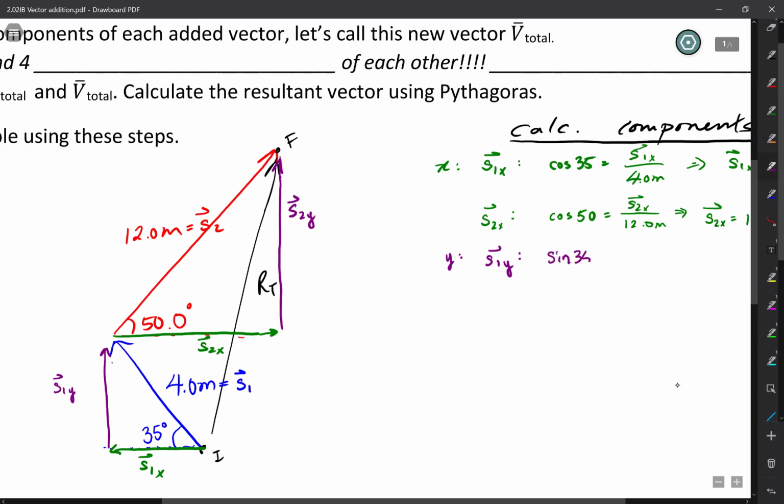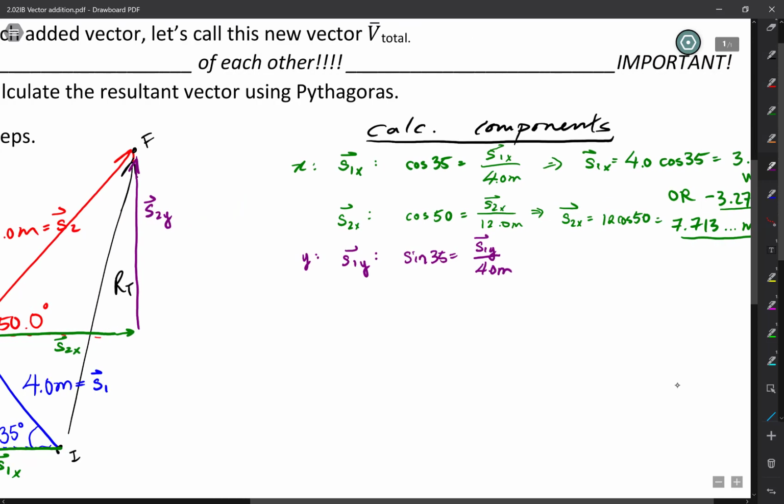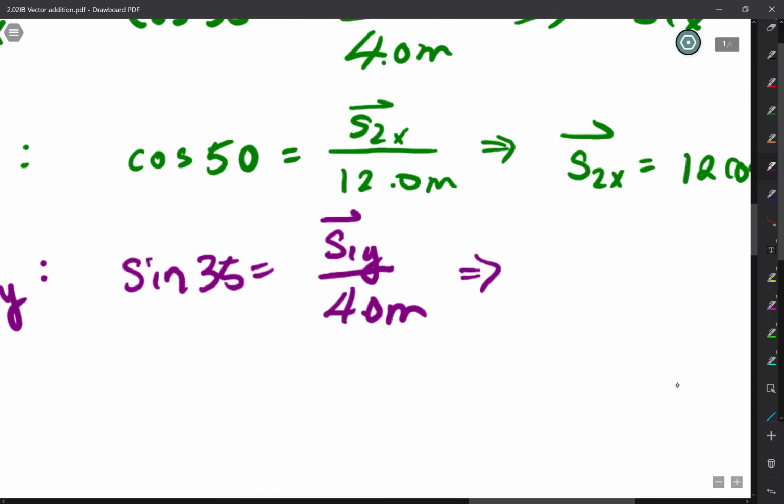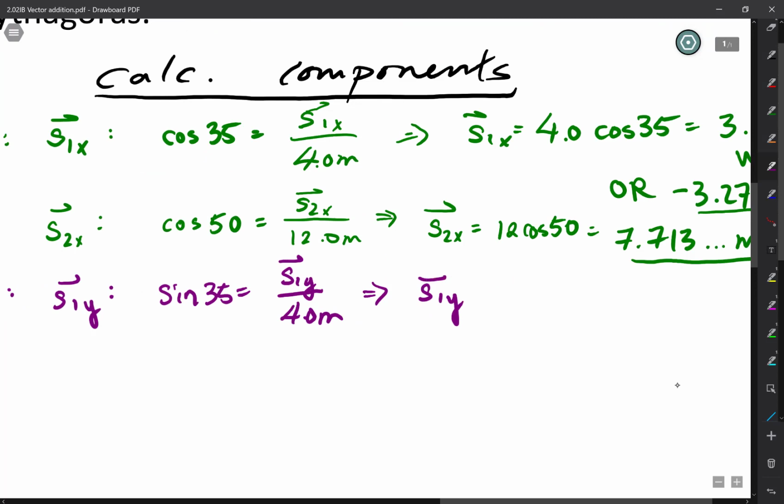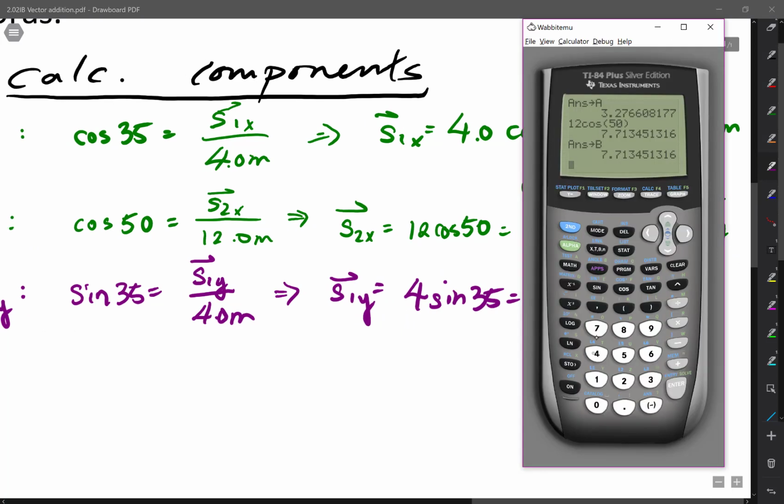Sine of 35 is equal to my opposite, S1Y, over the hypotenuse, the 4 meters. Solving for S1Y, I get S1Y is equal to 4 times sine of 35. And the graphing calculator gives 2.2943.